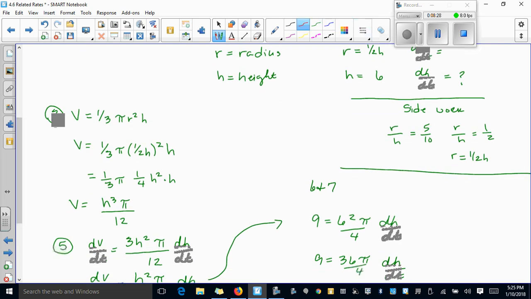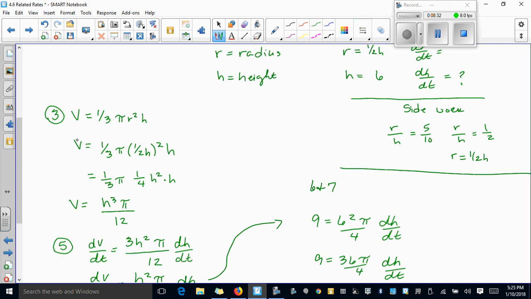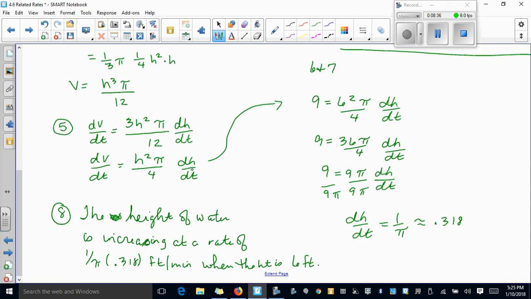So this was feet, and if I put parentheses in there, then this became feet squared, and this is cubic feet. And when I divided, I would have had cubic feet over feet squared, and that's where you get feet per minute. So when you get done and you're like, I don't know what the rate is going to be, start looking through what you're plugging into the problem.